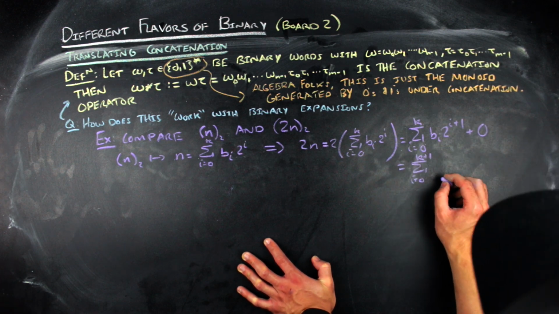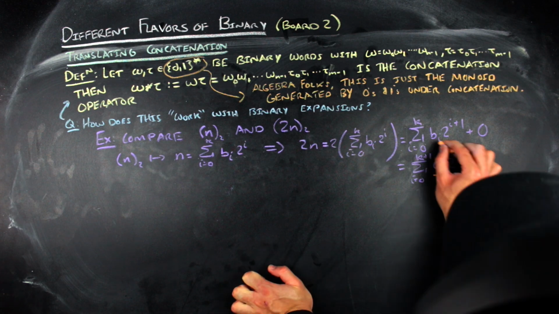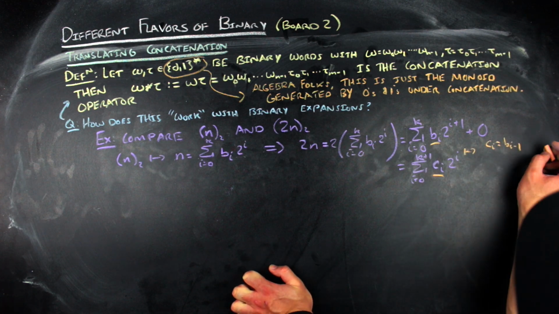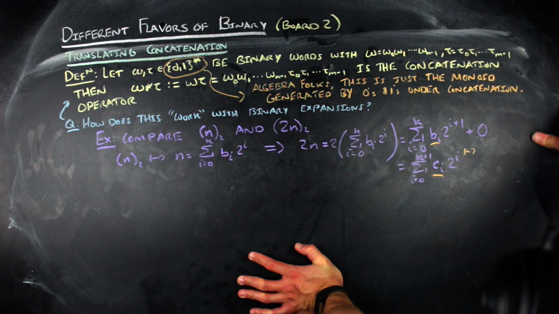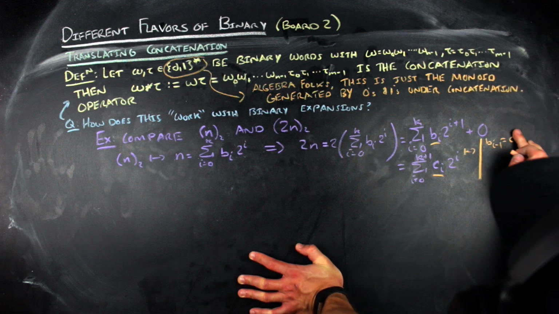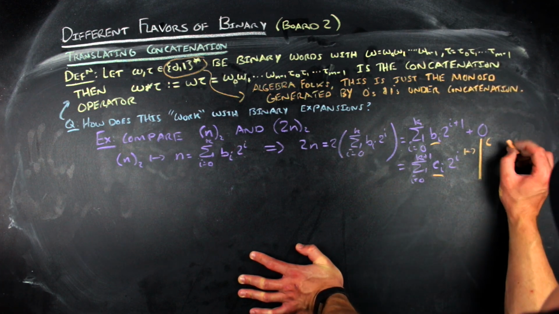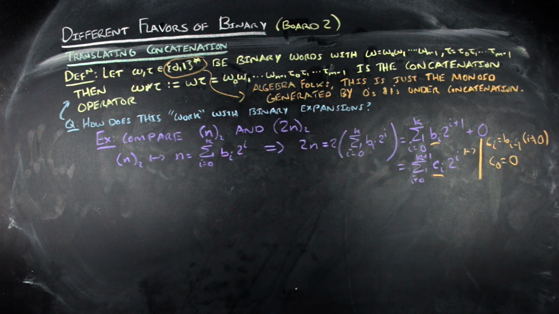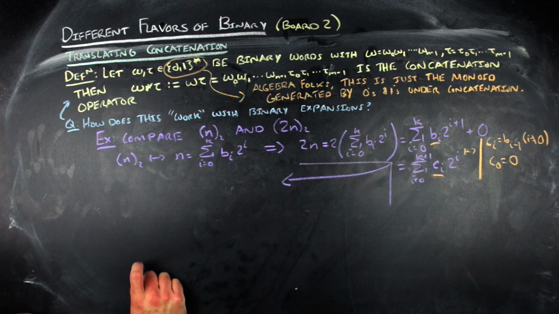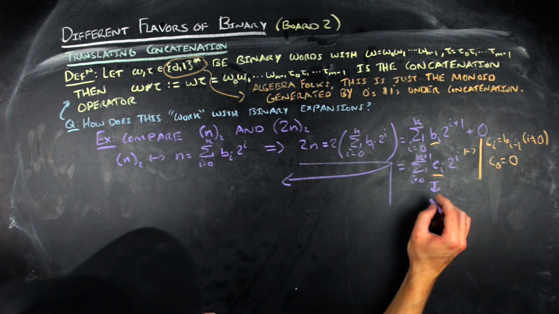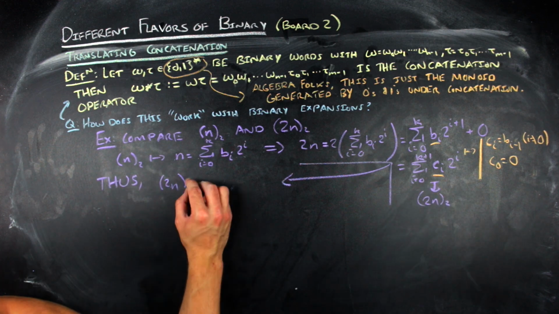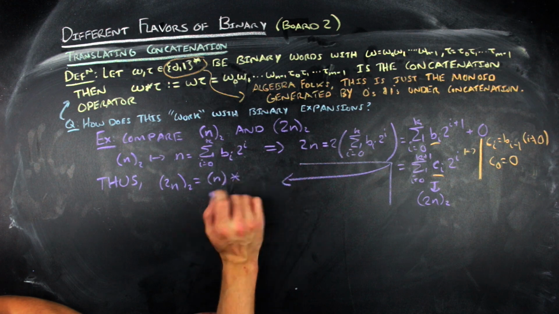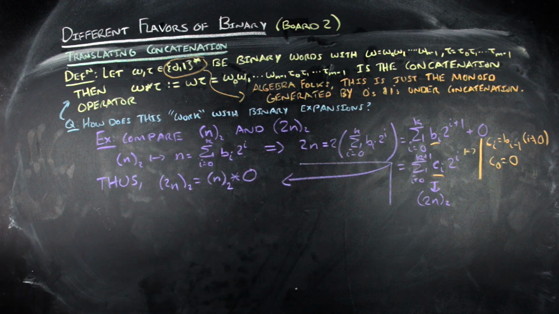And so we can express 2n in the form of the sum from i equals 0 to k of c_i times 2 to the i, where c_i is equal to b_(i-1) for i greater than or equal to 1, and c_0 is just equal to 0.